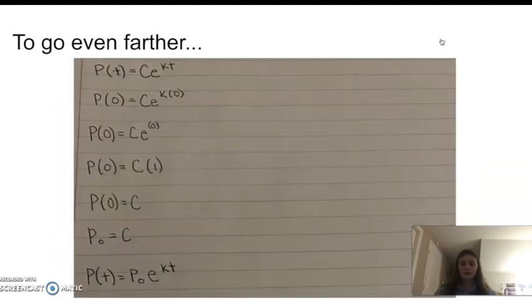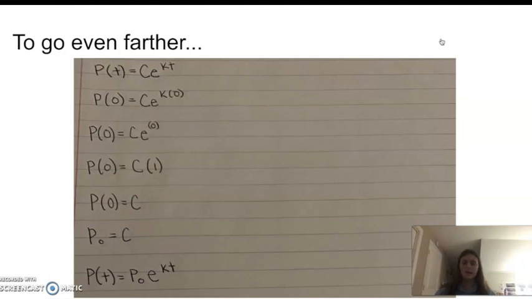Now to go a step farther, and this will be important in the next example, we can find the initial population by plugging in 0 for time. So when we do that, we have P(0) = C e^(k·0), and k times 0 is 0, so we have C e^0, and e^0, like any number to the 0 power, is 1.